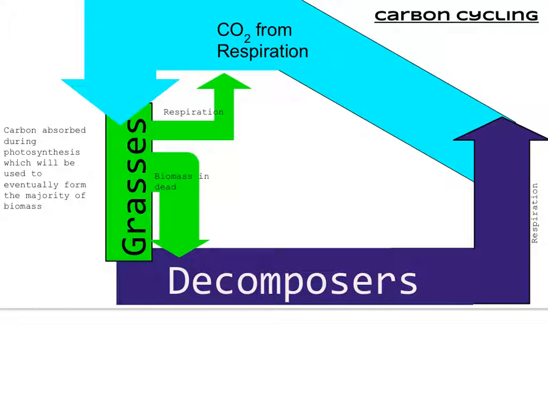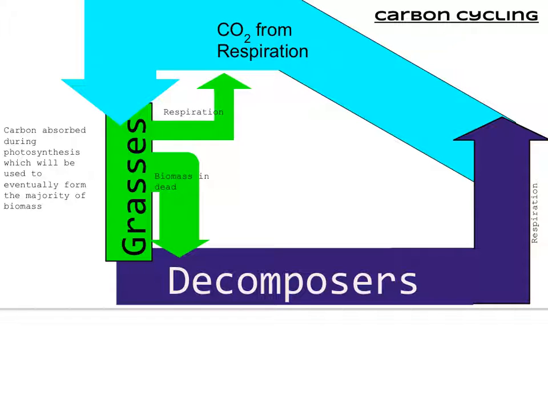A truck just went by. Anyway, the sugars that were in the grasses get taken in by the decomposers, and that which the decomposer didn't make their bodies out of, that carbon will be respired back into the air as CO2.